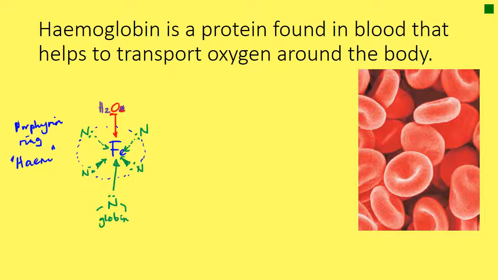So you can see that so far we have 5 coordinate bonds attached to this iron, but this iron 2+ ion is hexa-coordinated. It likes to have 6 coordinate bonds, and the 6th one is for either oxygen or water, depending on where it is in the body.